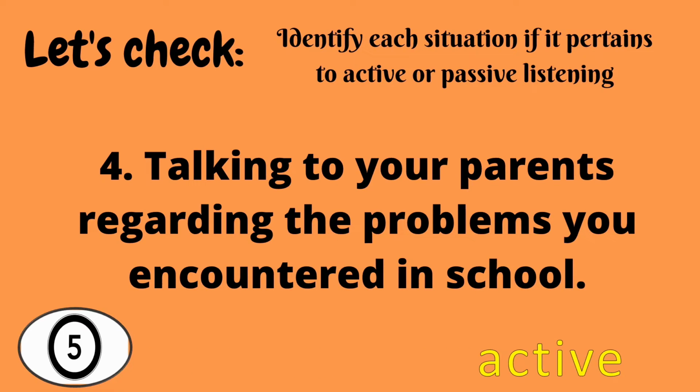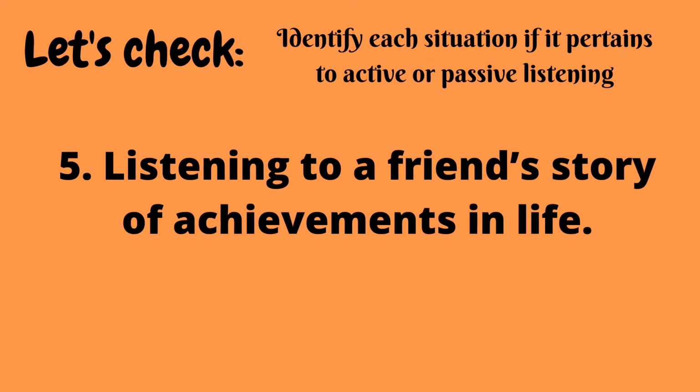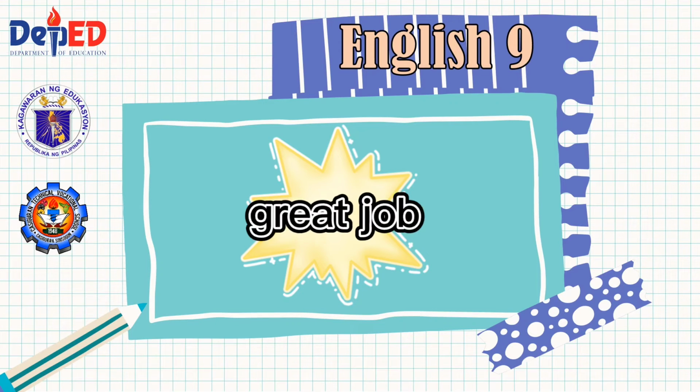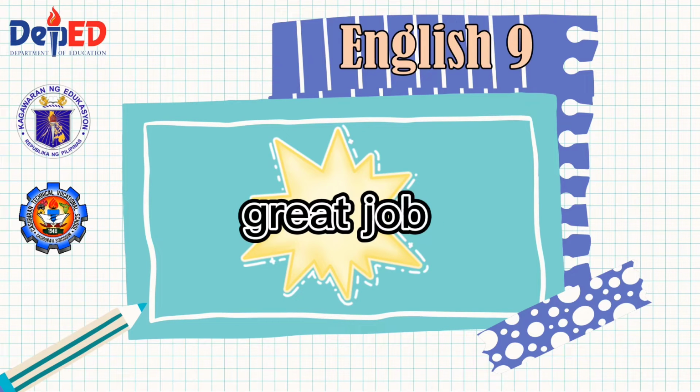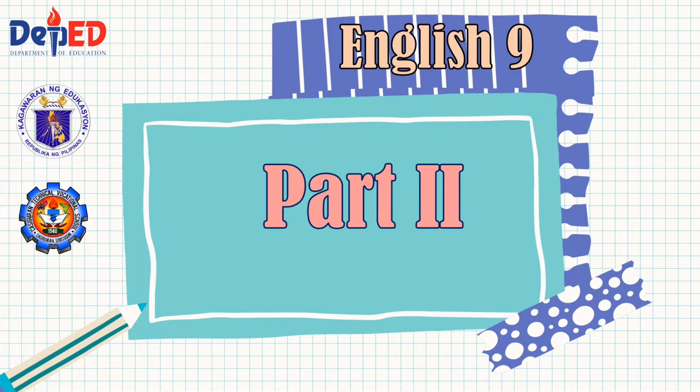And the answer is active. Number 5. Listening to a friend's story of achievements in life. And the answer is active. Great job, students! I can see that you are now ready for part 2 of our lesson.